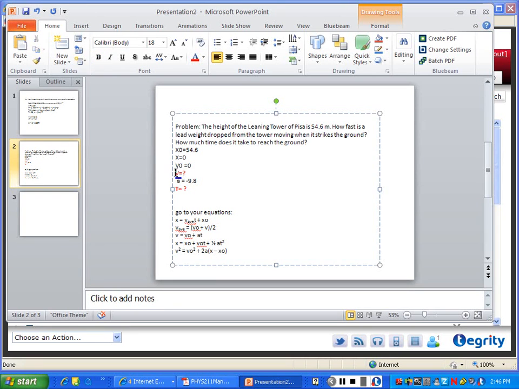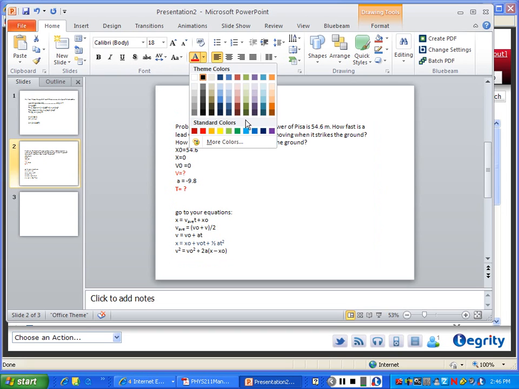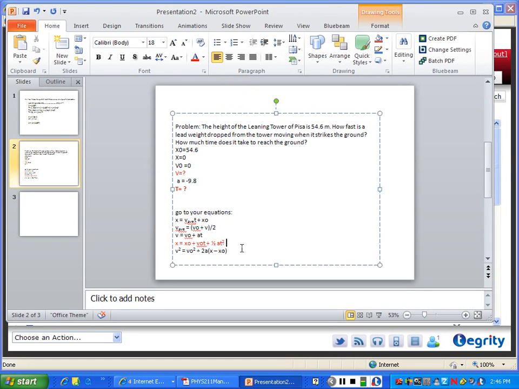Let's pick an equation that has t in it, for instance. I'm going to highlight this one right down here. Let's change that to red. Highlight that equation, because if we plug in x and x0 into that, we've got 0 equals 54.6, V0 is 0 so that term drops out, and 1/2 times negative 9.8 times t squared.